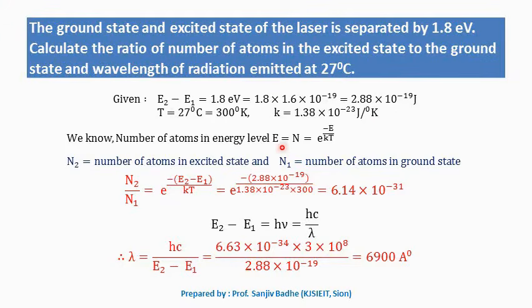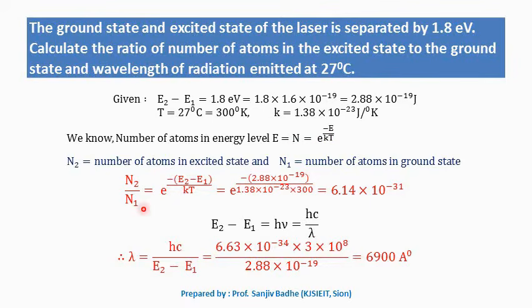Now the Boltzmann relation, we know, gives the number of atoms in energy level E at temperature T as e raised to minus E by kT. So we can write N1 equal to e raised to minus E1 by kT and N2 equal to e raised to minus E2 by kT.